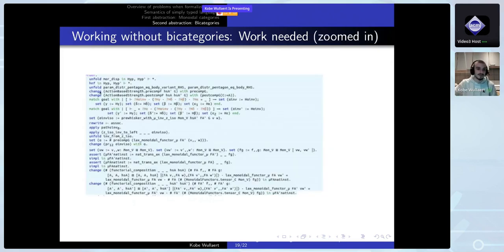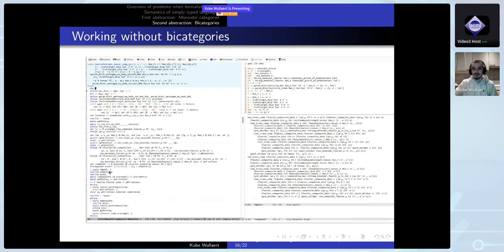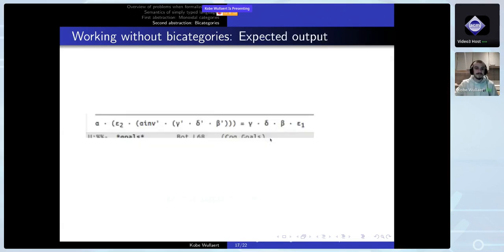You have to change the goals. You even have to match your goal so that certain things type check. And so in this proof, we actually couldn't use this CBN tactic, because we get something of this form.